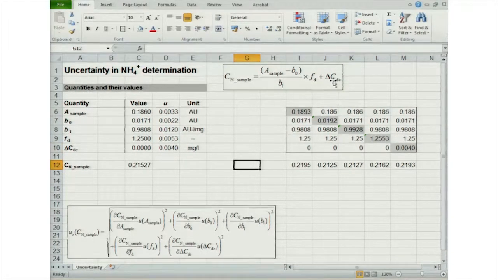So we can here now write again Cn sample. And here now come delta Cn sample values.